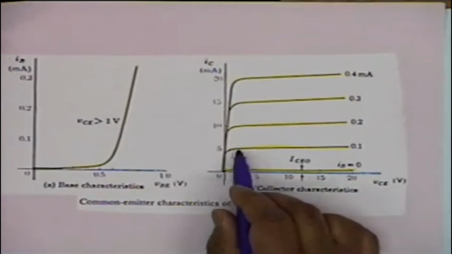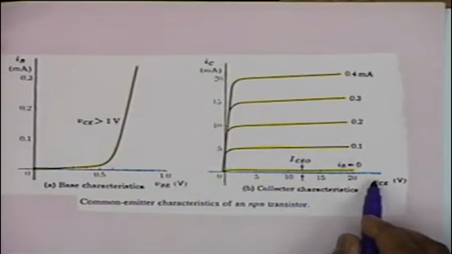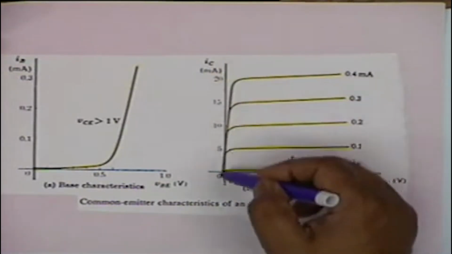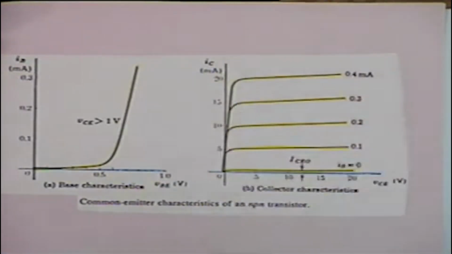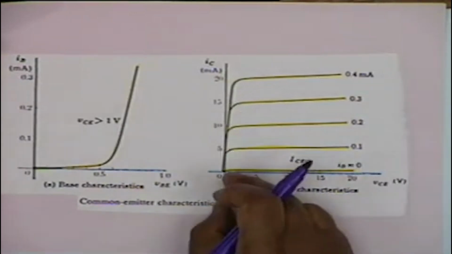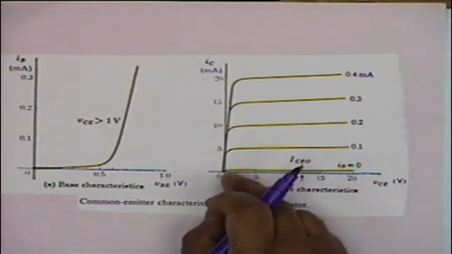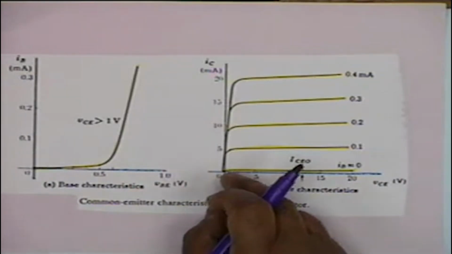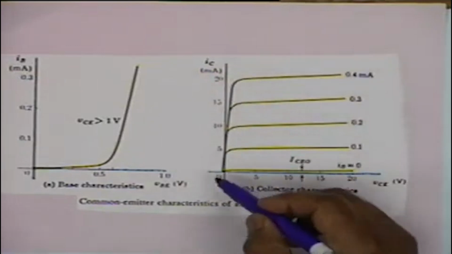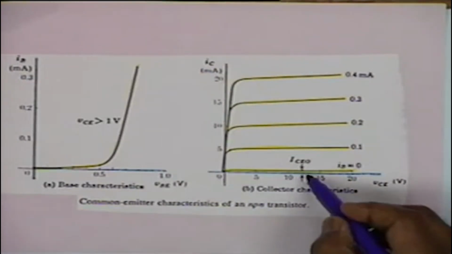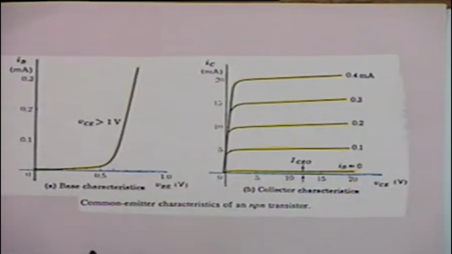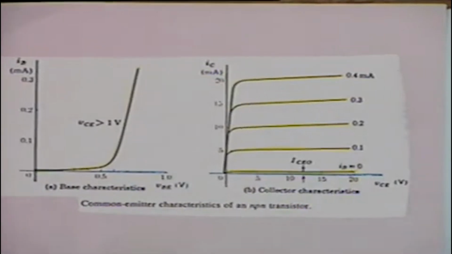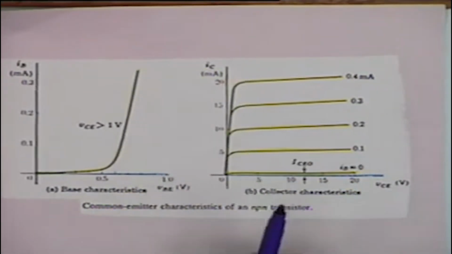It is almost parallel to the VCE axis, except for this region where VCE is so small that the collector base junction can no longer be reverse biased. It becomes forward biased, and this region where the current increases with VCE is a very small region, called the saturation region. We shall come back to this later.